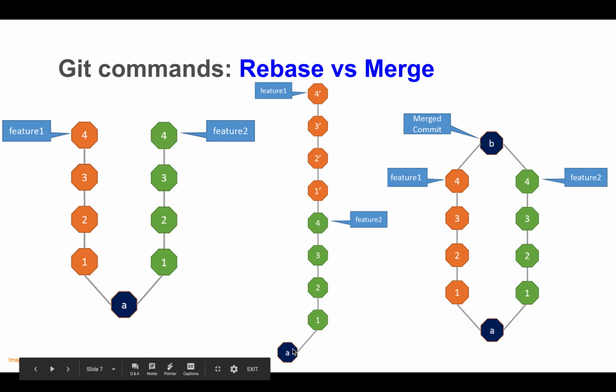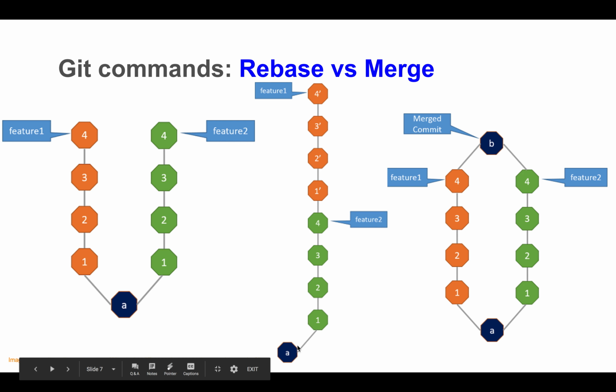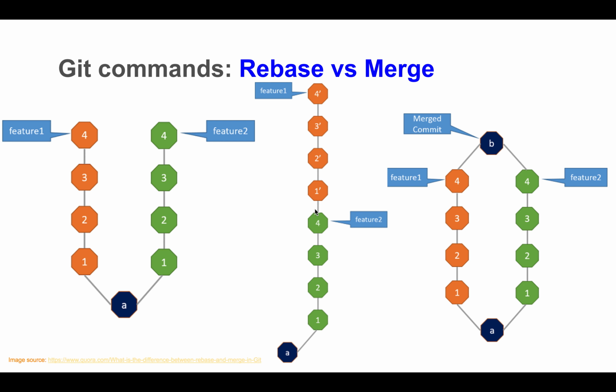If we do git rebase, then the final commit history will look like this: all the commits of the feature 2 branch on top of the feature 1 branch commits, right?